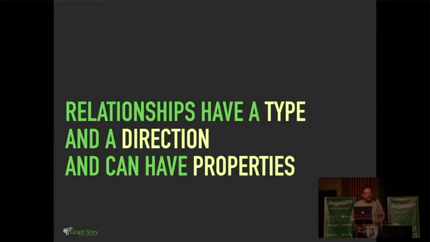And relationships have a type, typically. That's the type of relationship it is. And they usually have a direction. It varies. Some can be bidirectional, some can only be unidirectional. They have a direction, though, that they face. And they can have properties as well.